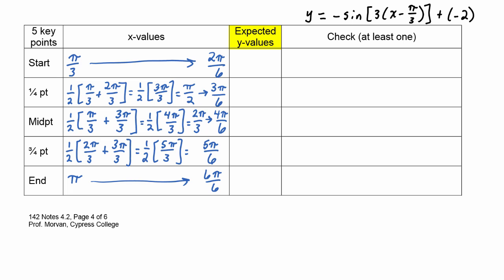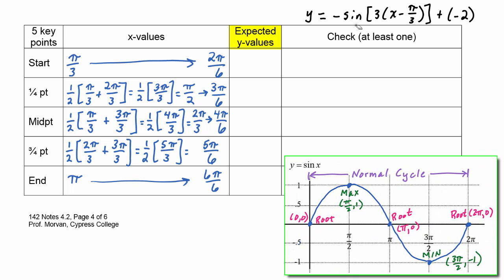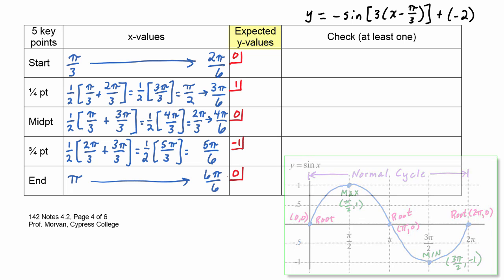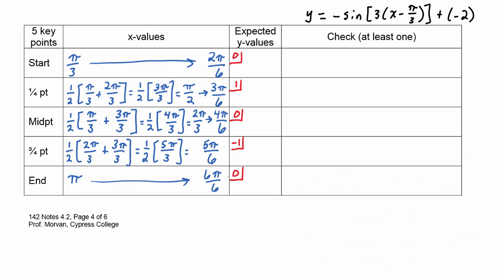We can write it either way. So it is a sine graph, and we know that the expected values for sine are 0, 1, 0, negative 1, and 0. Now the y values will be affected by letter A and D.